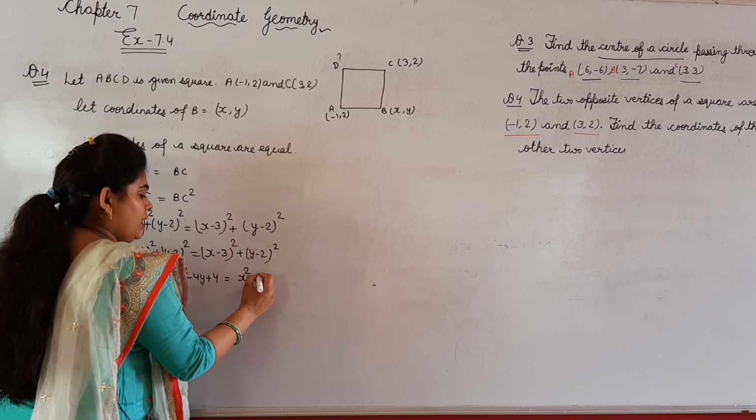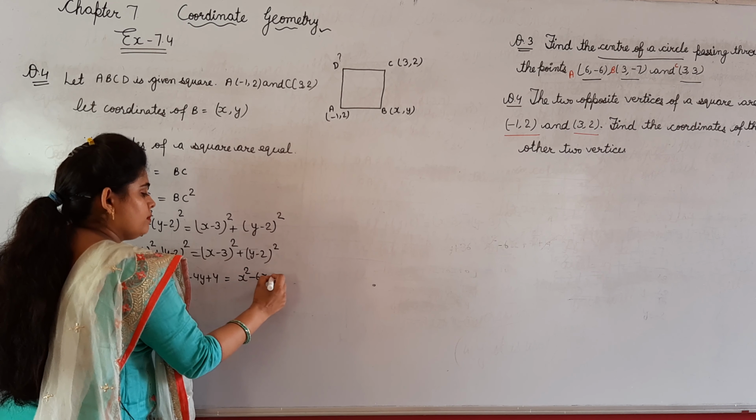Which identities we have used here? (a plus b) whole square is equal to a square plus b square plus 2ab, and (a minus b) whole square is equal to a square plus b square minus 2ab. So on comparing, x square cancels out, y square cancels out, minus 4y cancels out, 4 cancels out. Simply we can say that this bracket will cancel by this bracket.